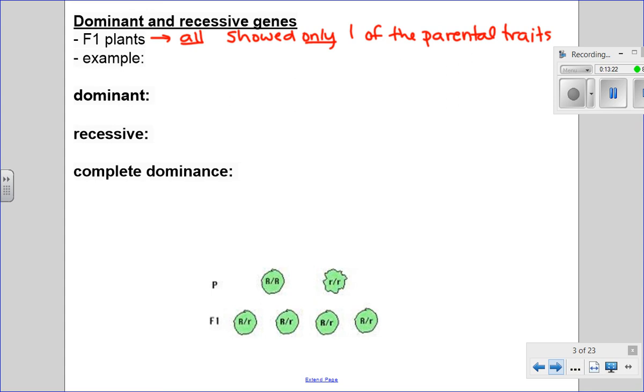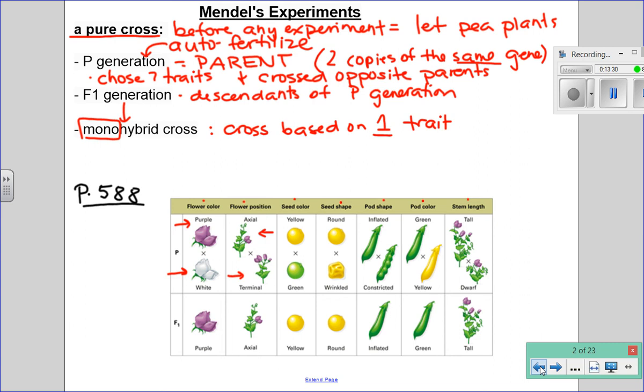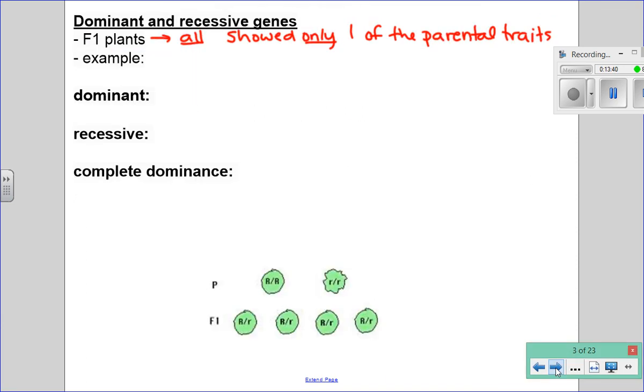So for example, we're going to take the shape of the P. I'm just going to go back here for 1 second. We're taking seed shape here. The seeds could be round or the seeds could be wrinkled. Those were the 2 shapes of them. So if we use that as our example, he crossed round seeds with wrinkled seeds.